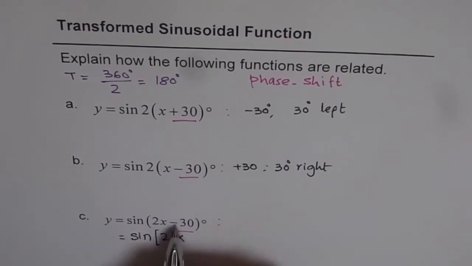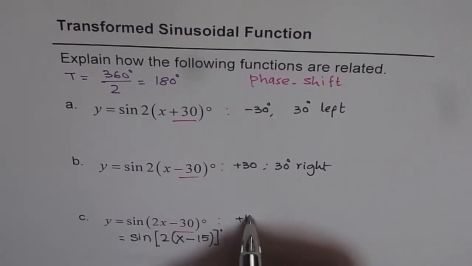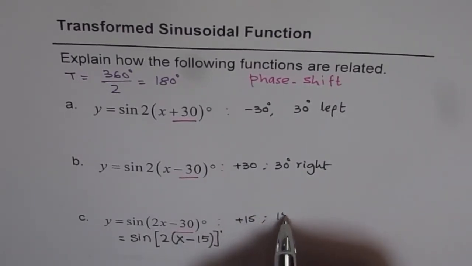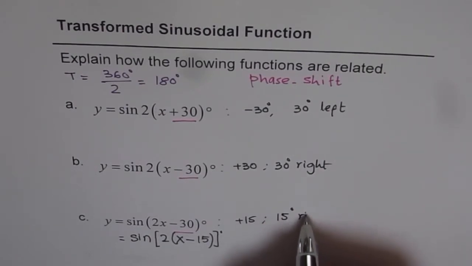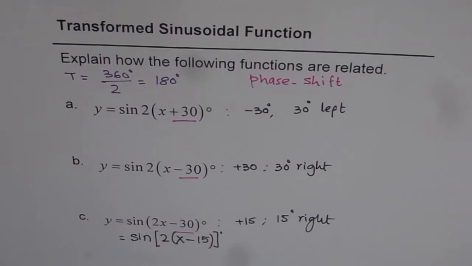When you factor this out, you have to divide 30 by 2, so you get minus 15. Do you understand? This means it is shifted by 15 degrees to the right. So that is 15 degrees right, not 30. That is the difference when we write this 2 inside the brackets or outside the brackets. That is a good point which you should note, right?